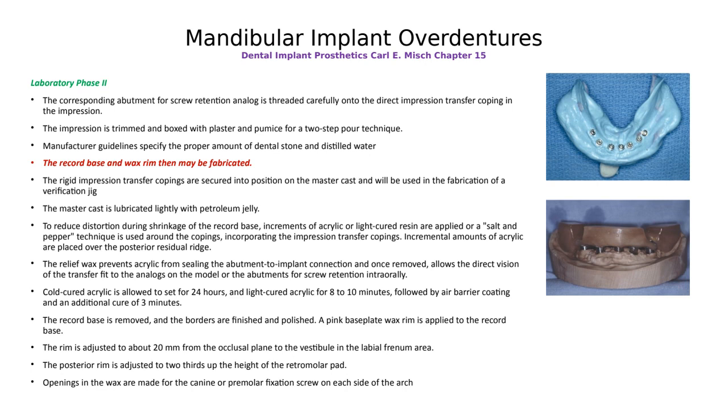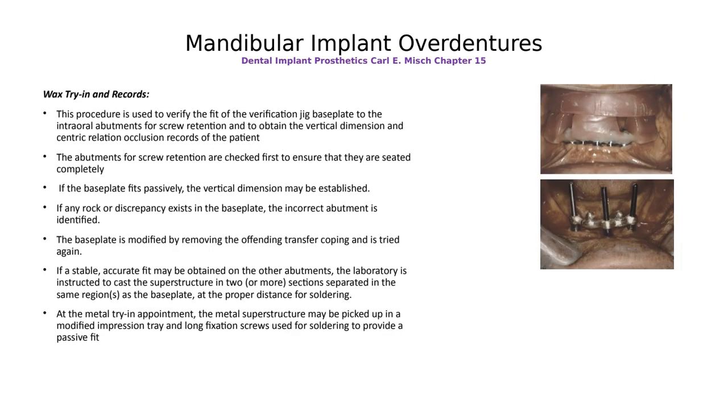Now, the record base and the occlusal rim for a mandibular overdenture for implant-retained cases have the same requirements as the record base and wax rim for a regular mandibular denture. All right.